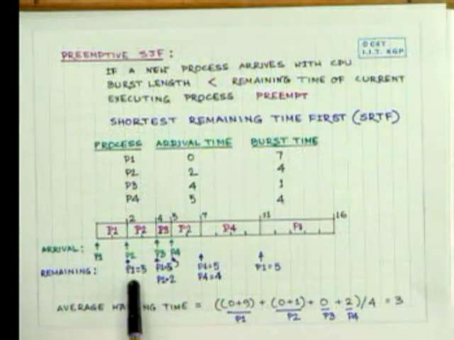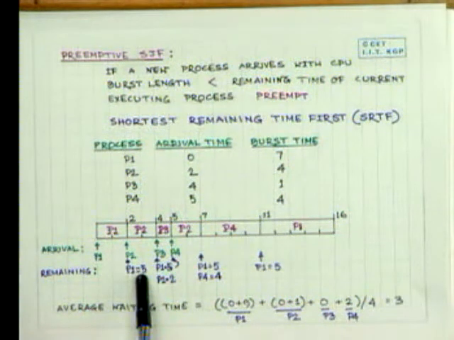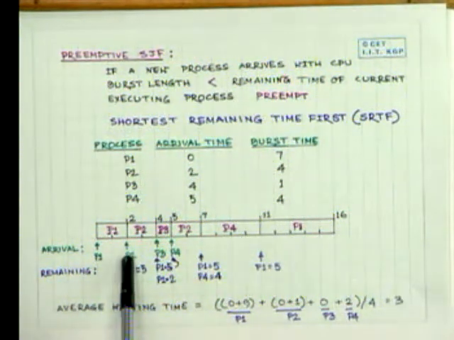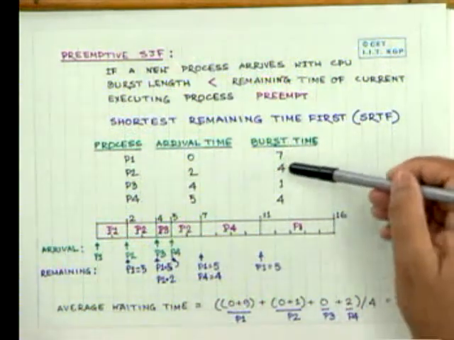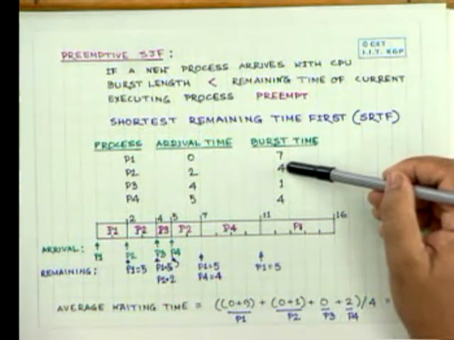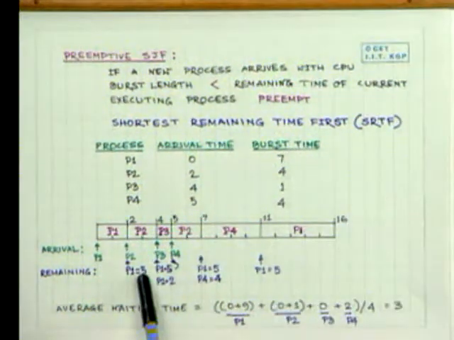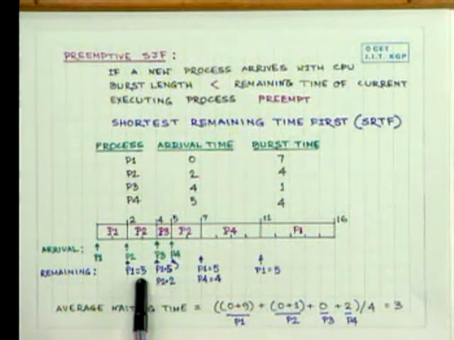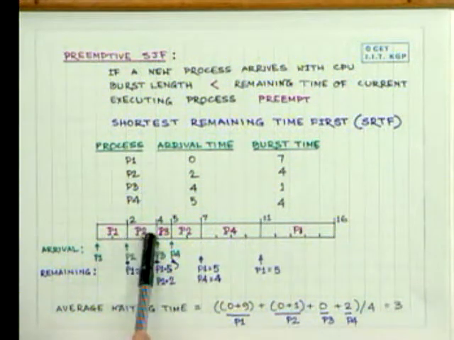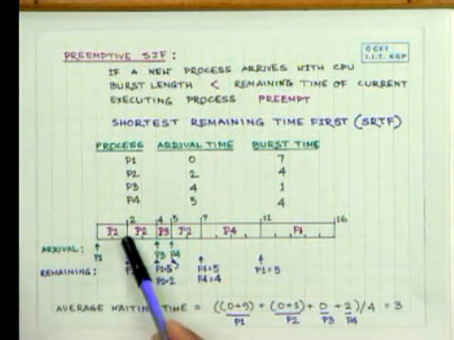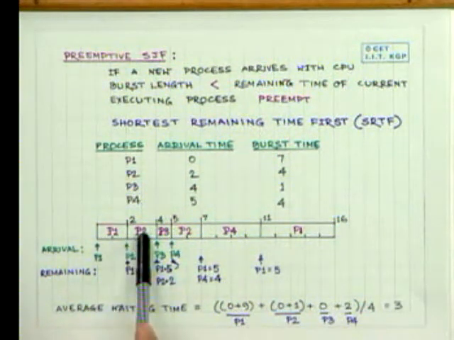Here you see that P1's remaining time is 5, P2 has arrived, and P2's burst time is 4, which is less than the remaining time of P1, which is 5, and therefore P2 is immediately scheduled. P1 is preempted, taken out of the CPU, and P2 is scheduled.